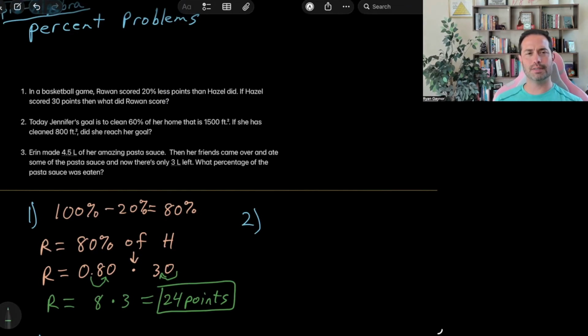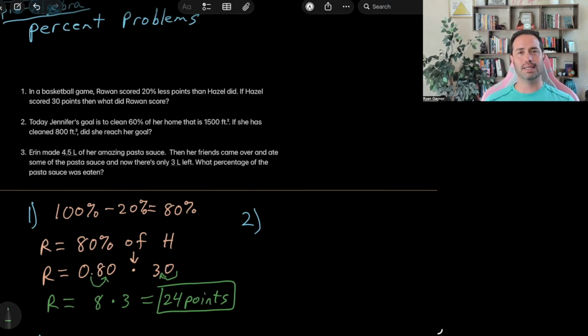Look out for the keywords. Today, Jennifer's goal is to clean 60% of her home. That is 1,500 square feet. If she has cleaned 800 square feet, did she reach her goal?